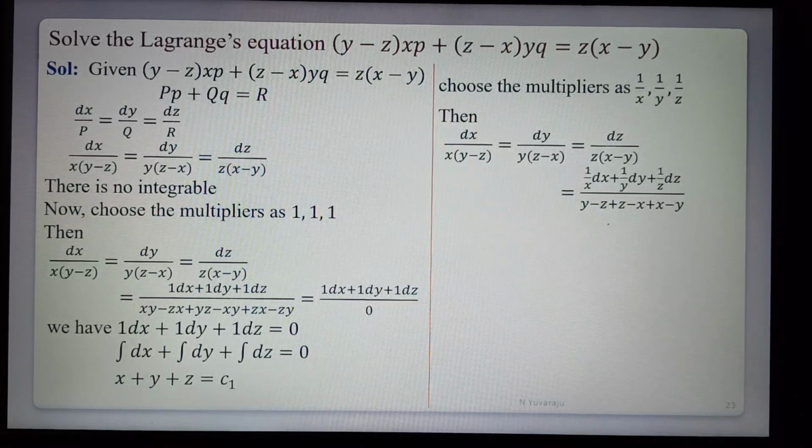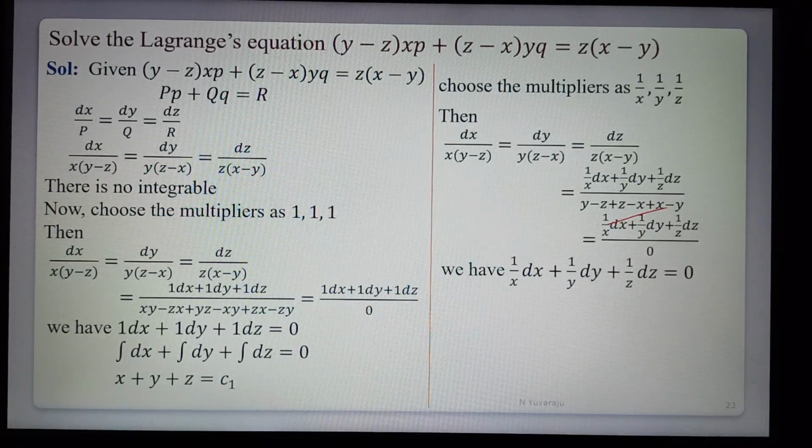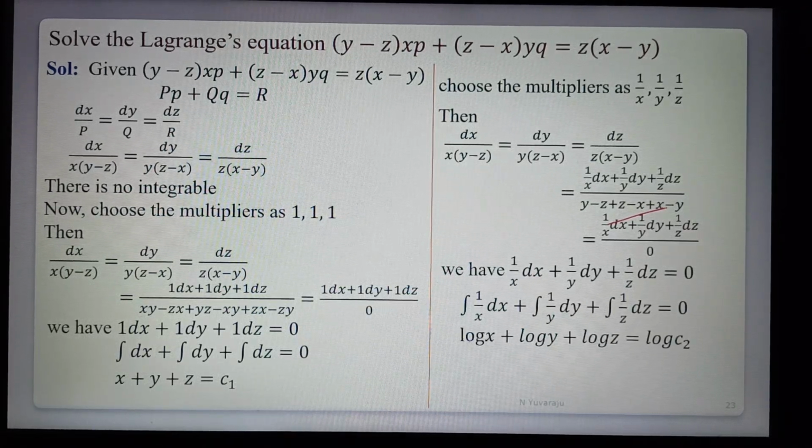Okay? So clearly the denominator is 0, then automatically the numerator is 0: 1 by x dx plus 1 by y dy plus 1 by z dz is equal to 0. Now integrating on both sides, we get log x plus log y plus log z is equal to log c2. After simplification, xyz is equal to c2. This is the second solution.